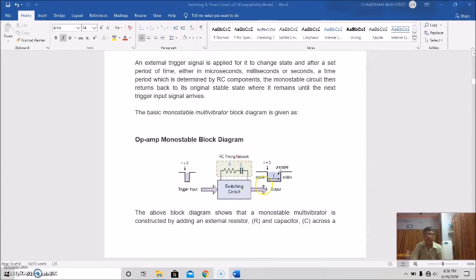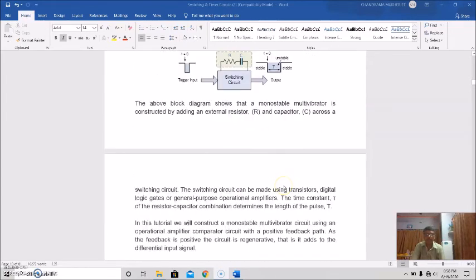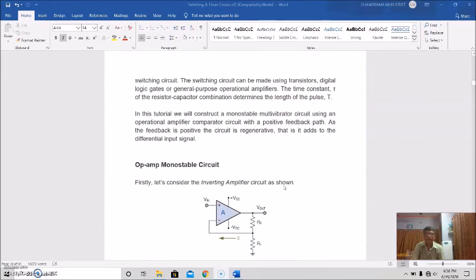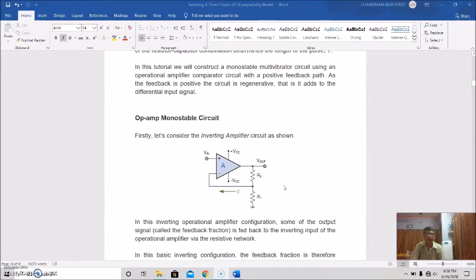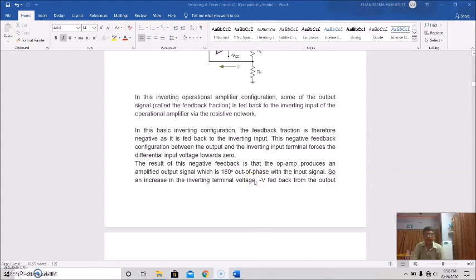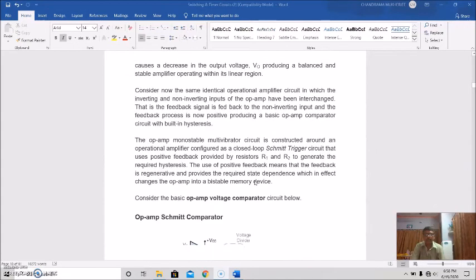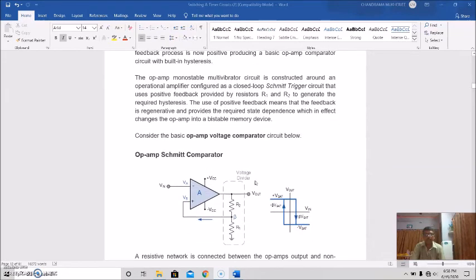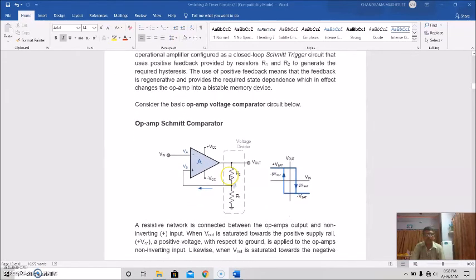We studied its block diagram, starting with the op-amp inverting amplifier. Then we have the Schmitt comparator, with the inverting and non-inverting terminals.